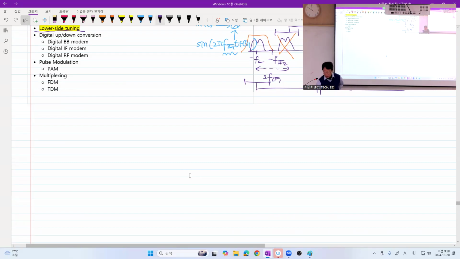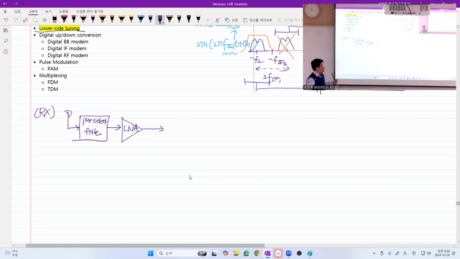Then what do we do? So here is a receiver. You have an antenna and possibly a pre-selection filter that roughly filters out. And then you have an amplifier that adds very small noise so that you can enjoy a high signal to noise ratio eventually.